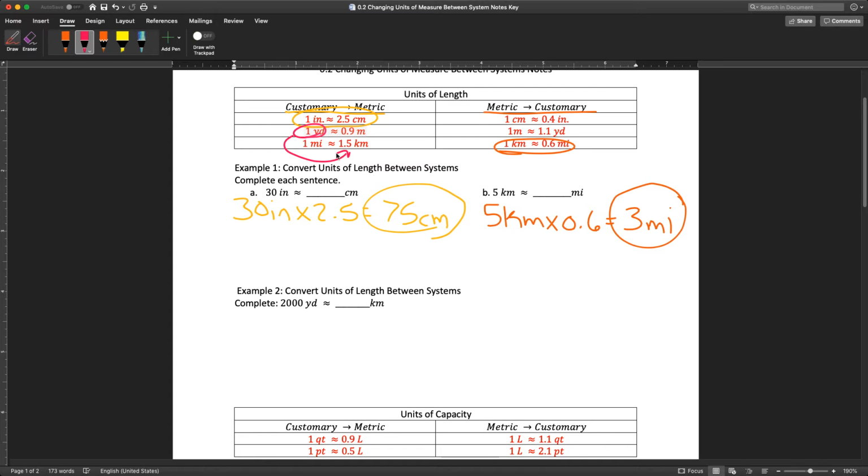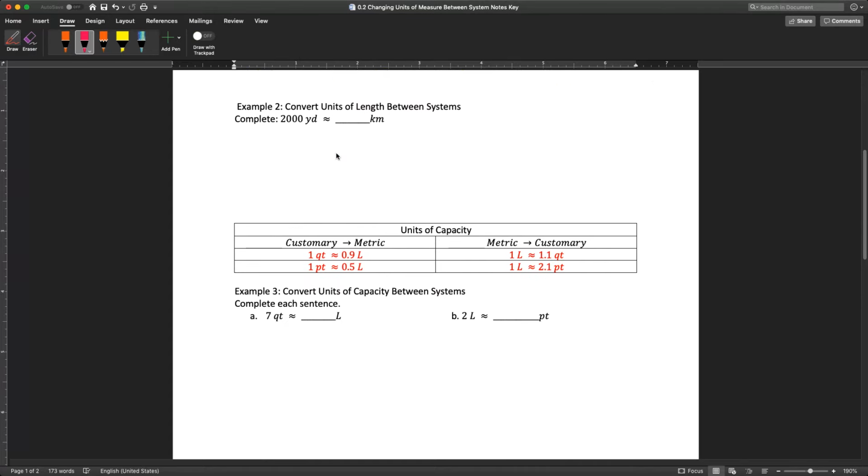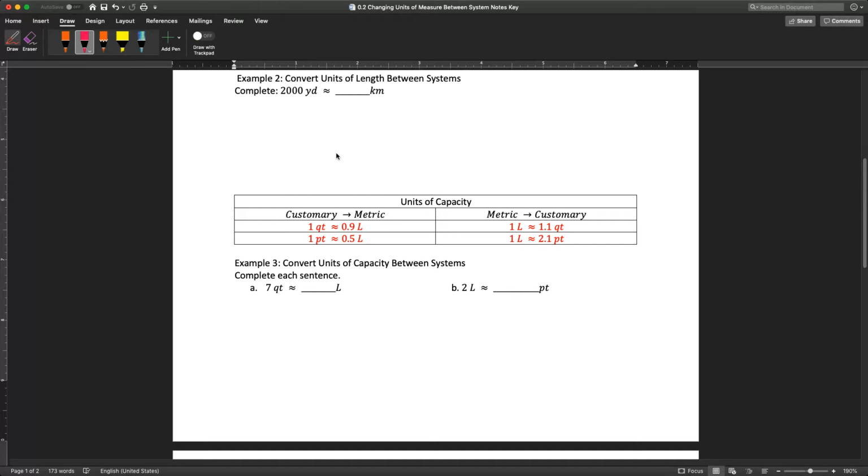We first must convert from yards to meters, and then from meters to kilometers. From our table, we're able to tell that there is about 0.7 meters in a yard. So we are going to take 2,000 yards and multiply it by 0.7.